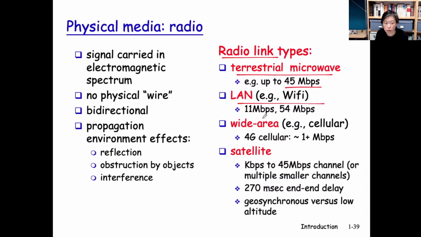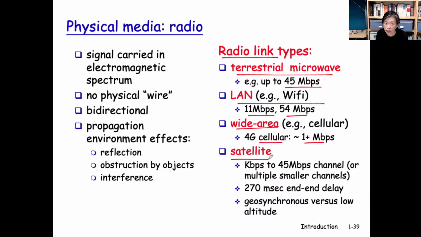Wi-Fi, depending on the version, could be lower, 10 megabits per second, or half of 100 megabits per second. Wider area wireless access, 4G for example, goes up to a few megabits per second.